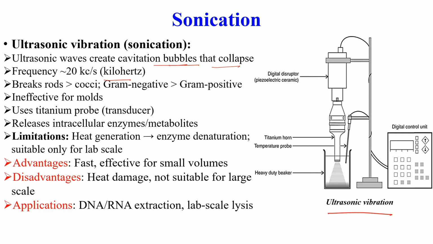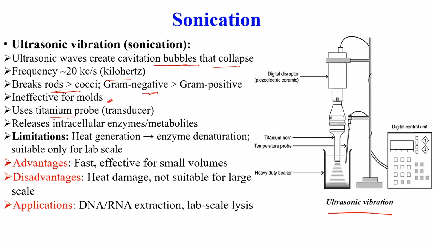So, it breaks the cells depending on their cell wall. It is easy to break rod cells than coccus cells, and also it is easy to break gram negative than gram positive cells. However, this method is ineffective for molds.